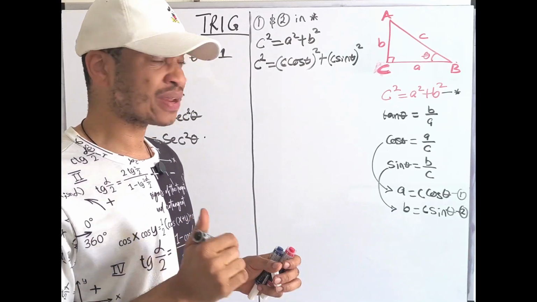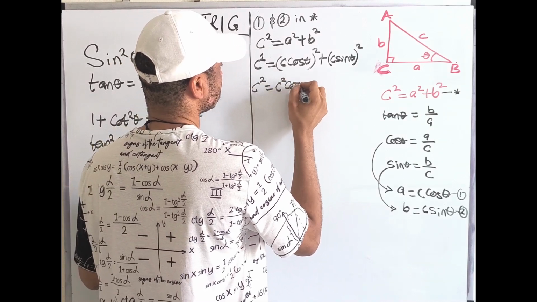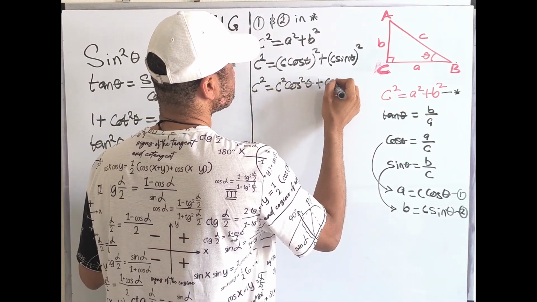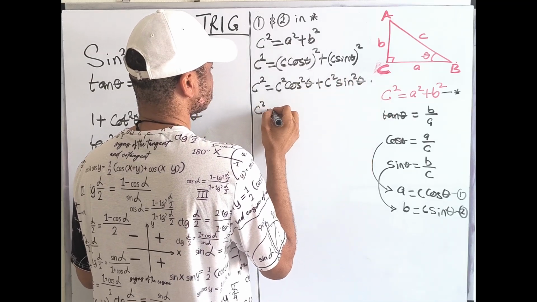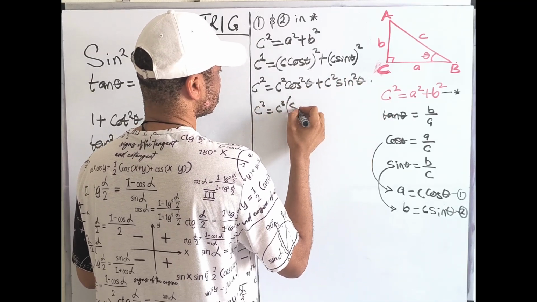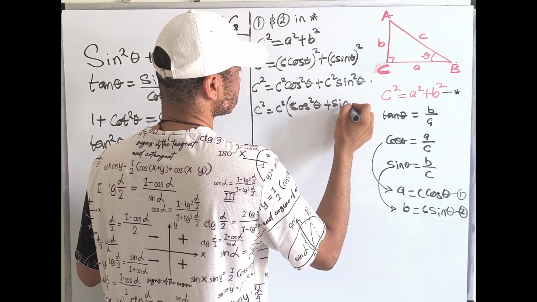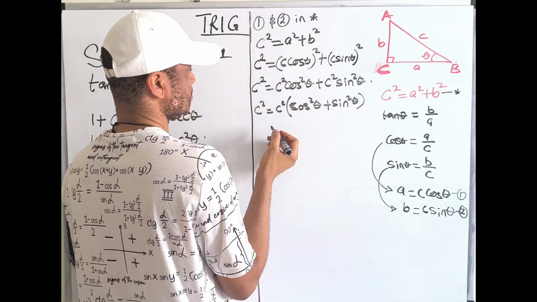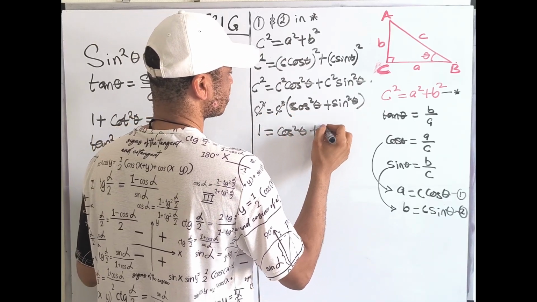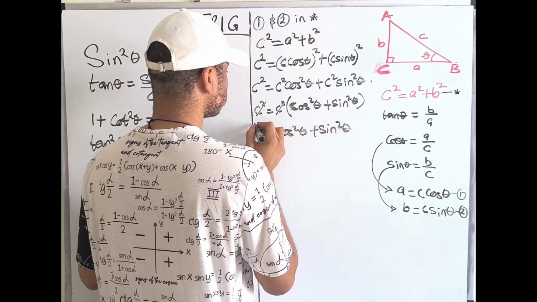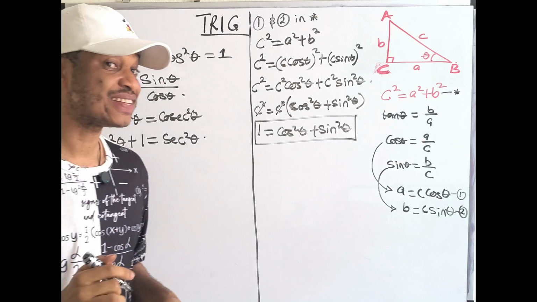Are you seeing what's happening? So C squared is equal to C squared cos squared theta plus C squared sine squared theta. C squared is common, so C squared is equal to C squared times cos squared theta plus sine squared theta. So this can cancel this, so 1 is equal to cos squared theta plus sine squared theta.